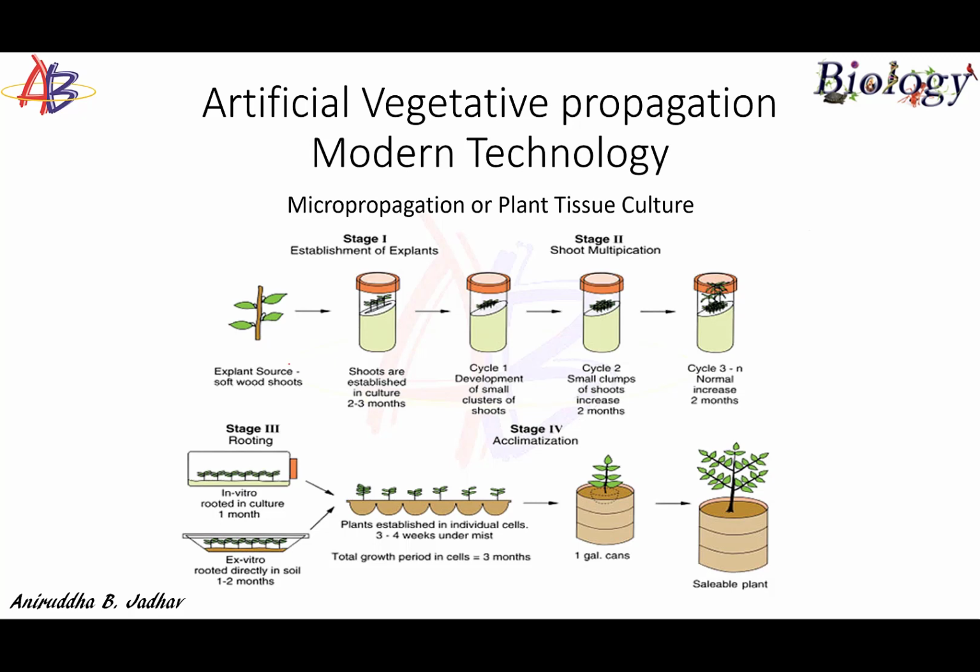Let us understand the steps involved in the micropropagation technique. Micropropagation begins with selection and maintenance of stock plants for initiation of culture. A stock plant is any plant which has the desirable characteristics. From this particular plant, we choose an explant.